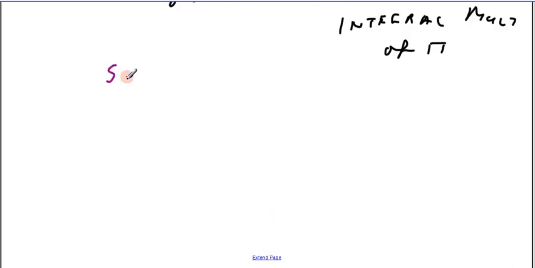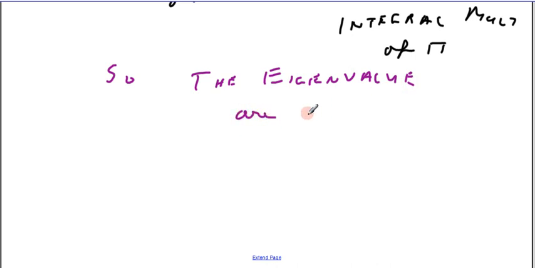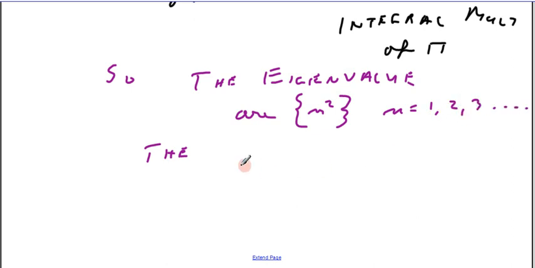Well, so the eigenvalues are what? They are n squared. And the associated eigenfunctions, what are the associated eigenfunctions? n is going to be 1, 2, 3, because they have to be integers.